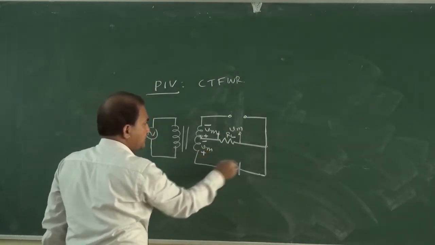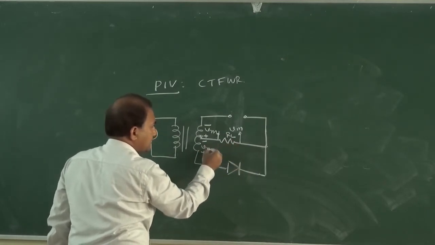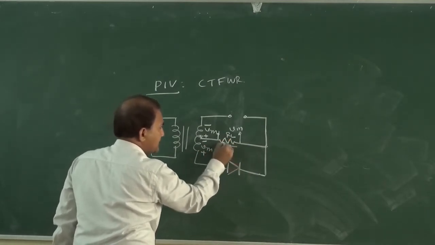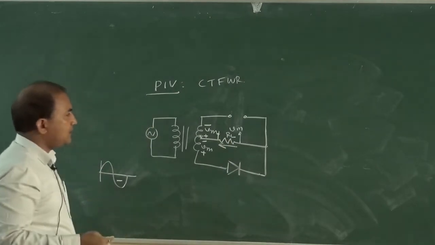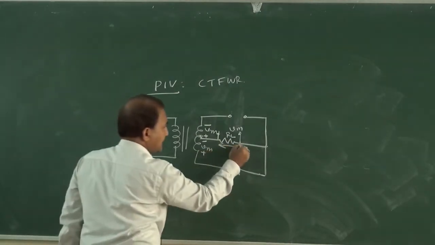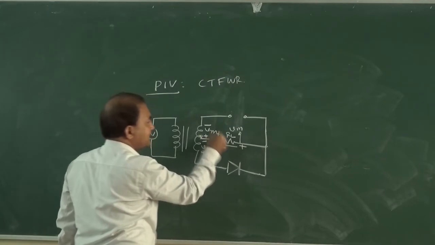So the direction of the current is like this. So here it is again positive and here it is negative.